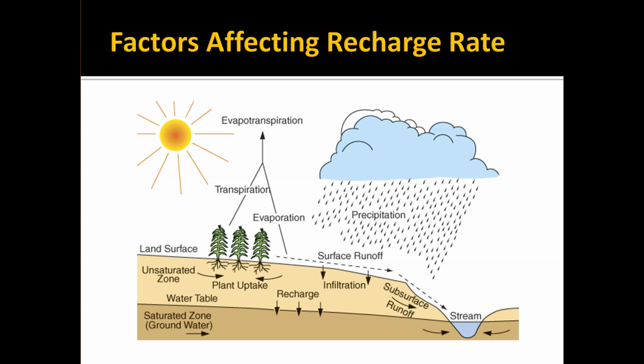Some of it runs off before it even has a chance to infiltrate. So regions that have a steeper slope sometimes have less recharge. And also the land use has a really significant impact. If you are inside a city, you generally get much less recharge because a lot of the surface is paved or covered with buildings. And so it's less likely to infiltrate.